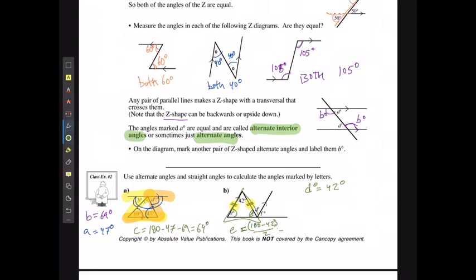Which means that E is going to equal 69 degrees, which would be the same over here as it is over here.